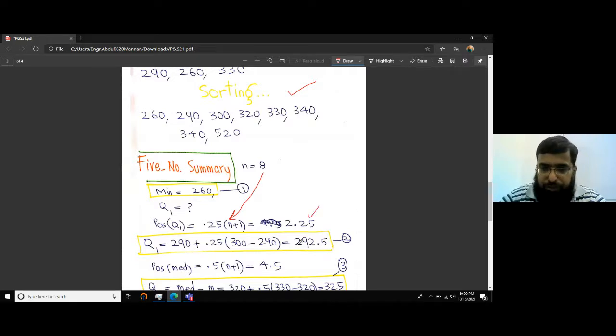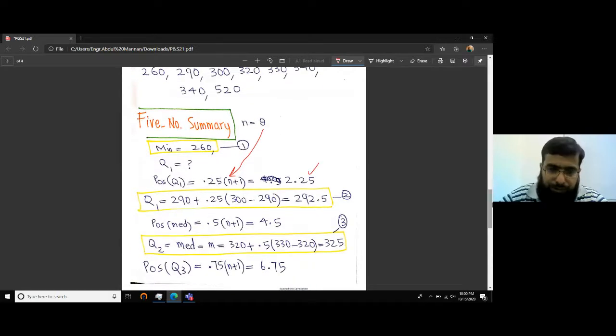So Q1 is 292.5, because Q1 is 290, the number at position 2, plus 0.25 times the number at position 3 minus the number at position 2. So computing this Q1 is simple, and we studied this in our last lecture.